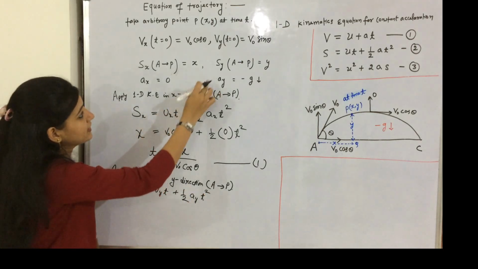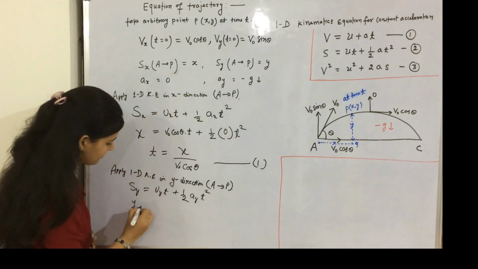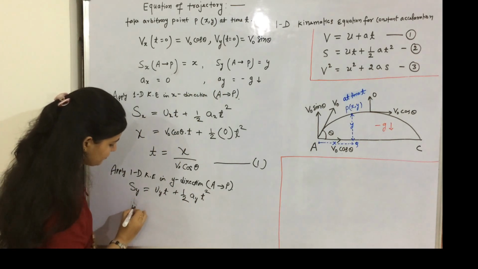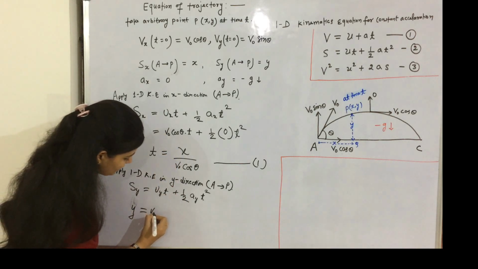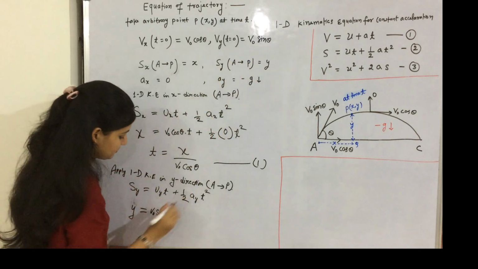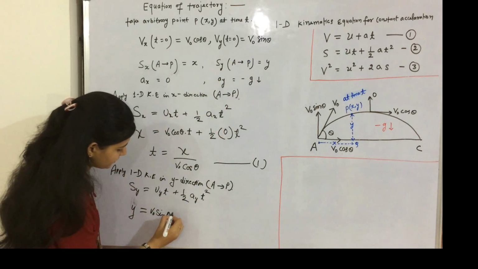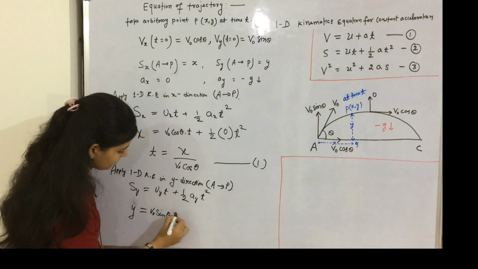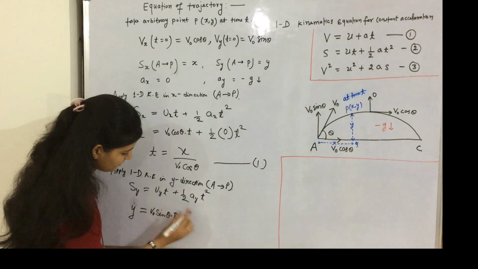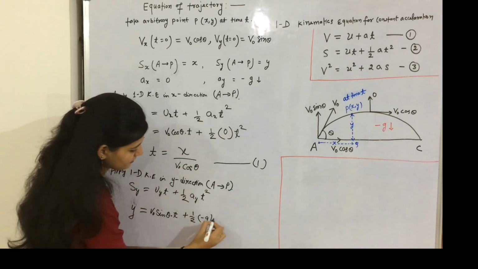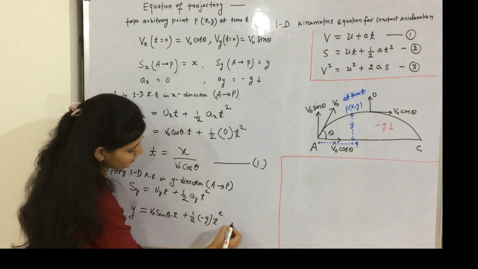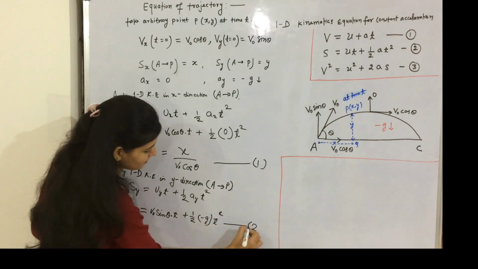Now Sy is equal to y. Uy is v naught sin theta, times t, plus half ay, which is minus g, t square. So this is our second equation.